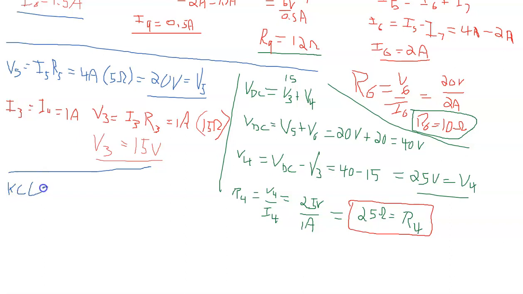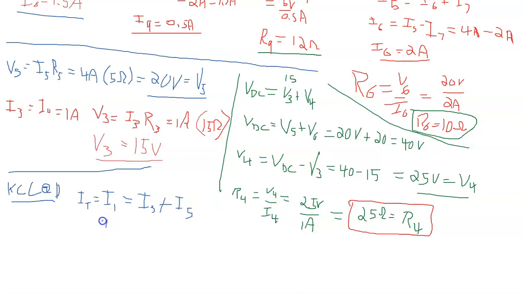KCL at D. And if I do that, all right, what we're saying is that IT, which is the total current in the circuit, which flows through resistors 1 and 2, because they are in series with the source, is equal to, now this branch resistance here, I'm going to call this I3 because that's the first resistor it goes to, but we know that I3 and I4 are the same, plus I5.